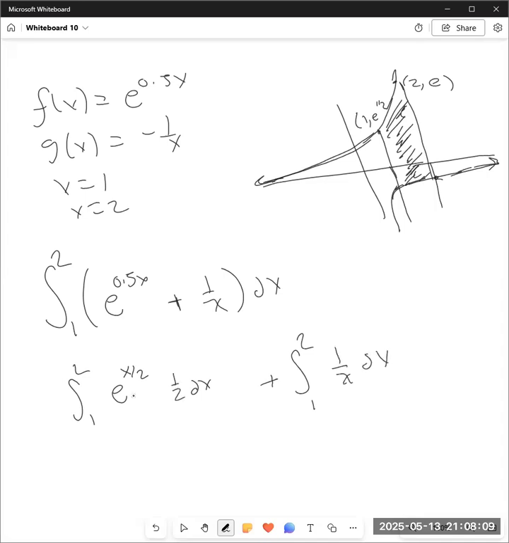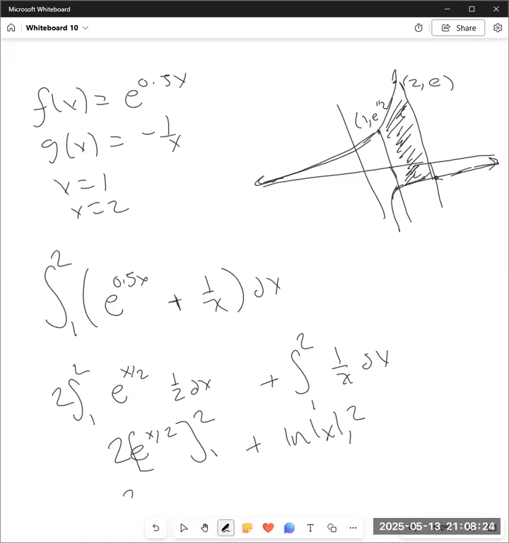Need a 1/2 here and a 2 to balance it out. It's 2e to the x over 2 evaluated from 1 to 2 plus ln of the absolute value of x evaluated from 1 to 2.